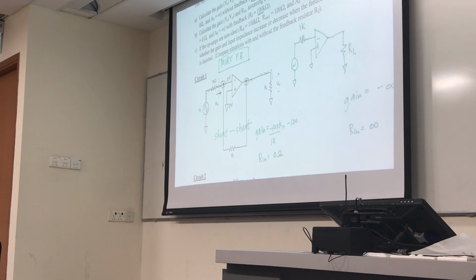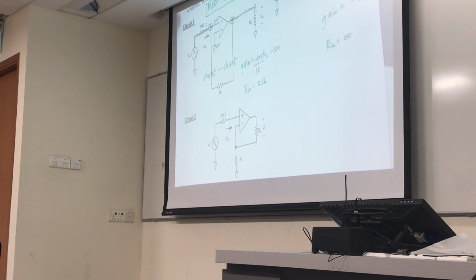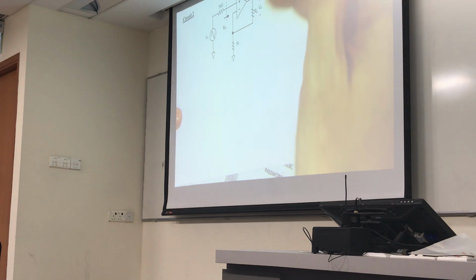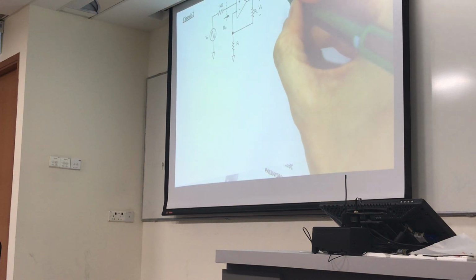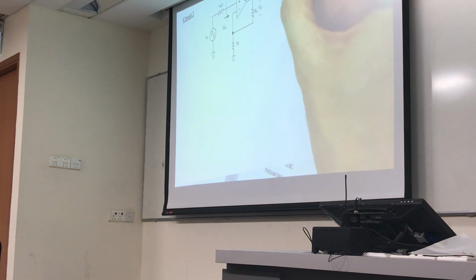Let's look at the second circuit. And we'll do the same thing. So we'll compare the situation if the feedback resistor equals infinity. So this is 1 kilo ohm.